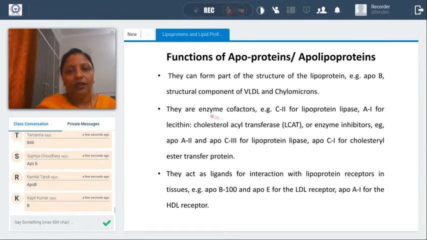In detail, enzyme cofactors like C2 or A1 for LCAT and C2 for lipoprotein lipase, LPL, and enzyme inhibitors, examples are ApoA2 and ApoC3 for lipoprotein lipase, and ApoC1 for cholesterol ester transfer protein. They act as ligands for interaction with lipoprotein receptors like ApoB100 and ApoE for LDL receptors, and ApoA1 for HDL receptors. These are the ligands, these are cofactors, and these are the structural components of lipoproteins.